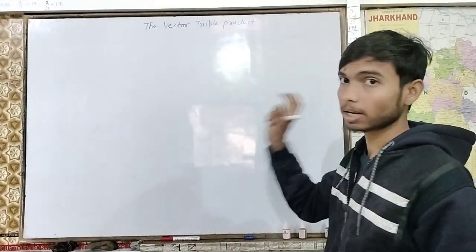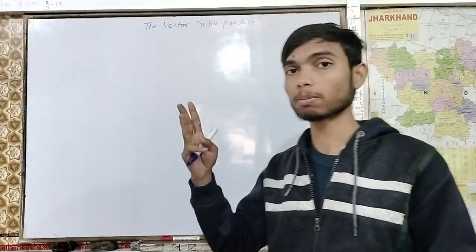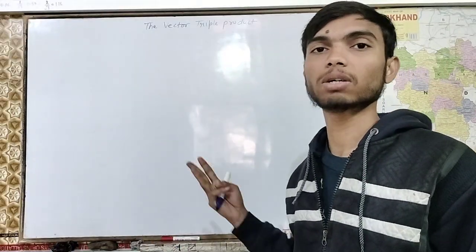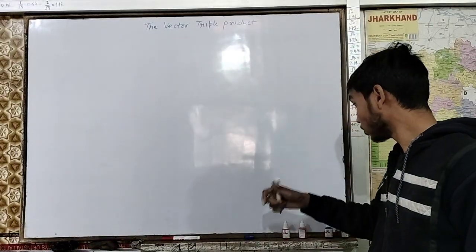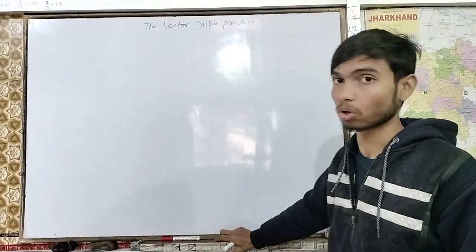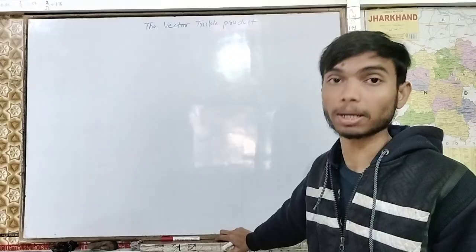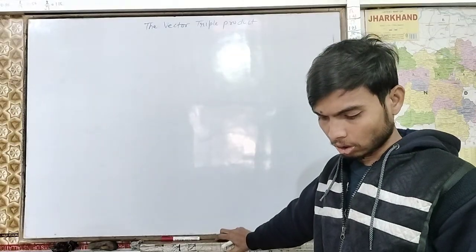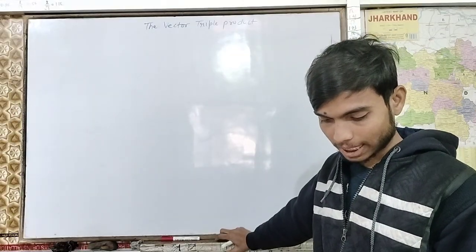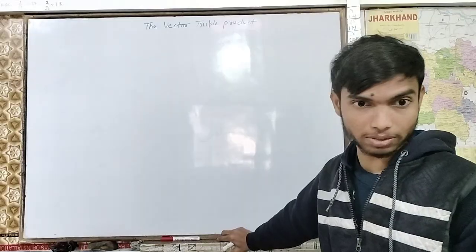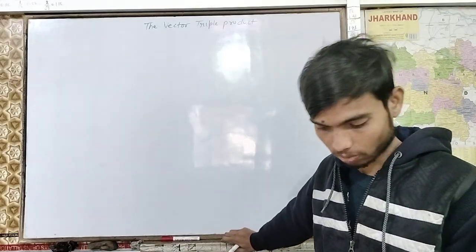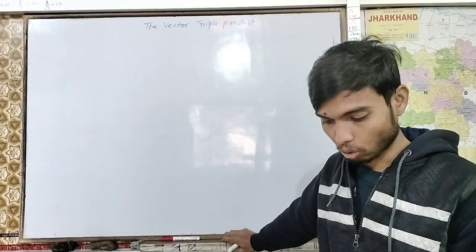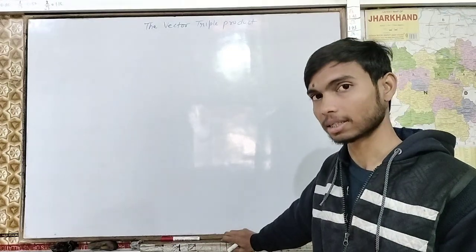Means when we multiply three vectors, then the result would be again a vector. From the name we can see the result is going to be a vector after multiplying three vectors. It is the result of taking the cross product of one vector with the cross product of two other vectors.